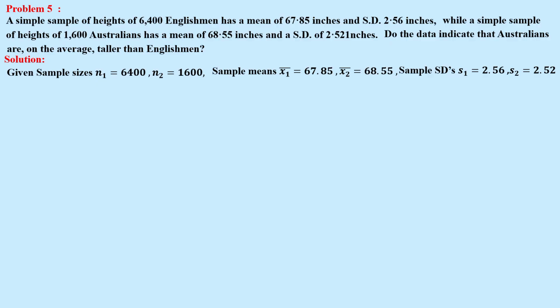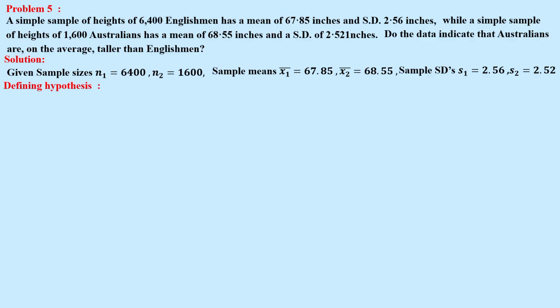The second one, they are taking 1,600 Australians, right? n2 is 1,600 and their mean height 68.55, that is x2 bar, and standard deviation s2 is equal to 2.521 inches. Do the data indicate the Australians are on the average taller than Englishmen? So we have to check whether Australians are taller than Englishmen, right?